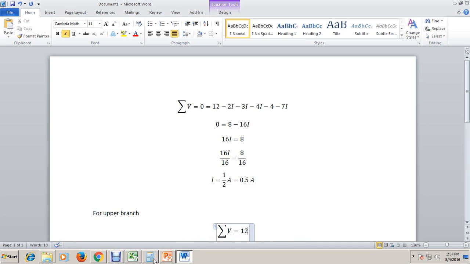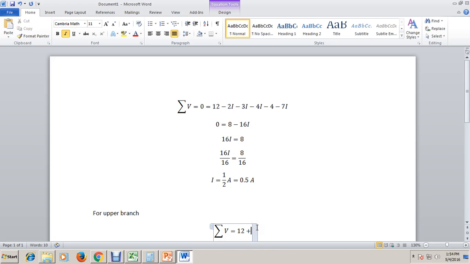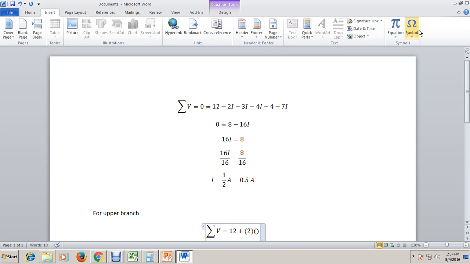Okay, so starting with the 12-volt battery, or the 12-volt EMF. Next would be the 2 ohm resistor. For the voltage of the 2 ohm resistor, we apply Ohm's law. Ohm's law is V equal to I times R, so I times 2 ohms, 2 ohms times 0.5 amperes.